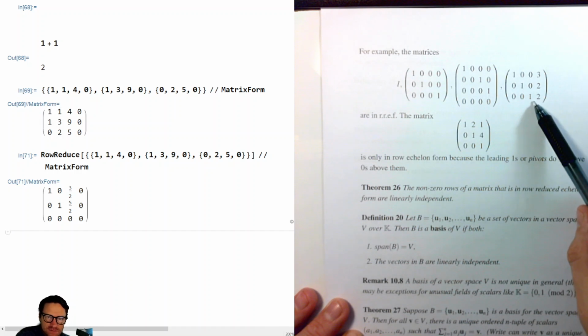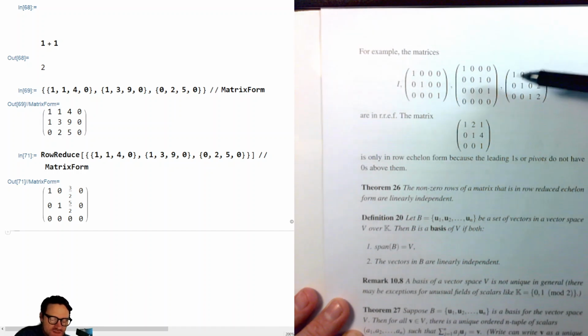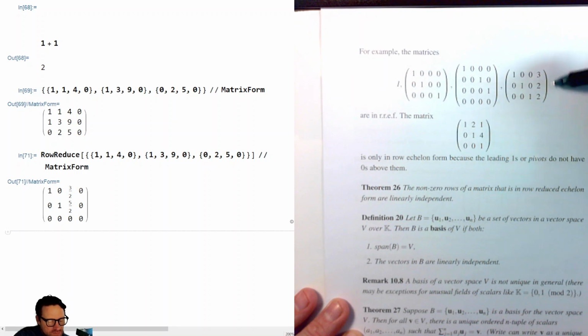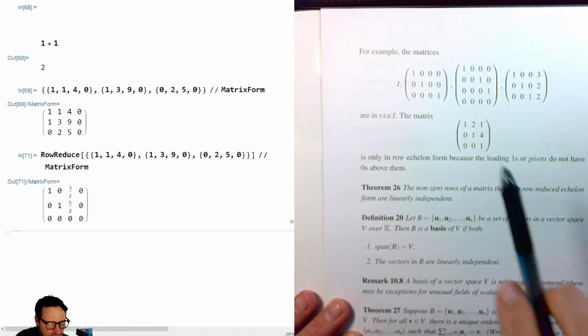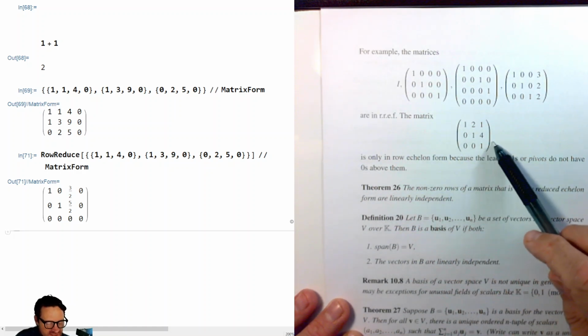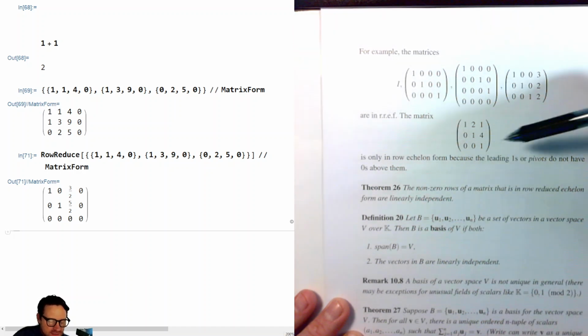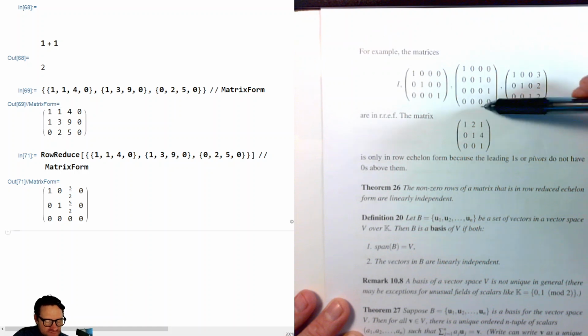Now let's have a look at this one. So the pivots are farther to the right. We have zeros everywhere else where there are pivots in a given column. And it does not matter that the numbers in this final column are not 1 or 0, because we have exactly 3 rows and exactly 3 pivots. So it doesn't matter what's here. All right, so this particular matrix is only in row echelon form, not row reduced echelon form, because our leading pivots don't have zeros above them.